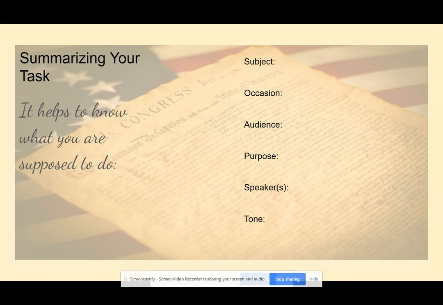I feel like it would be more directed toward my age group of people because they don't really know a lot about the Declaration of Independence.